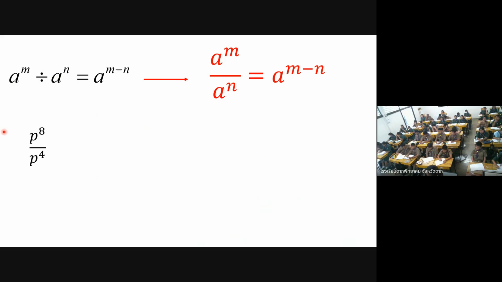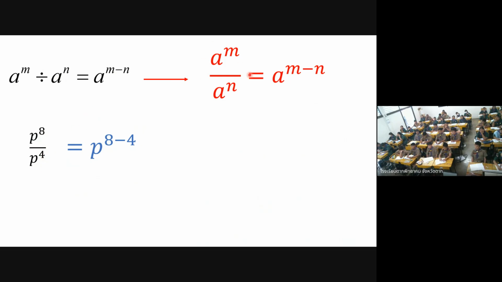Let's say we have this. P to the power of 8 over P to the power of 4. What's the answer? Again, you're gonna subtract the exponent.